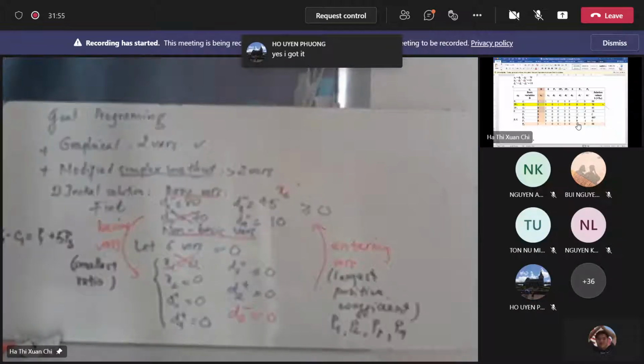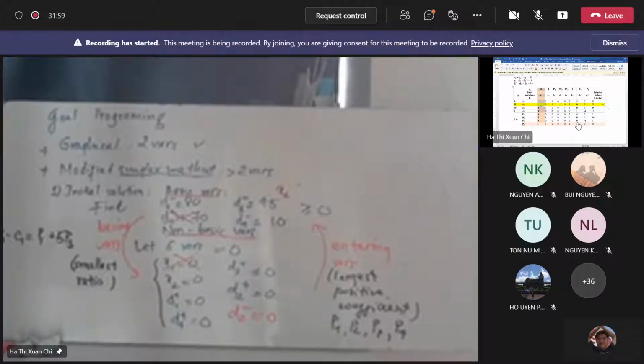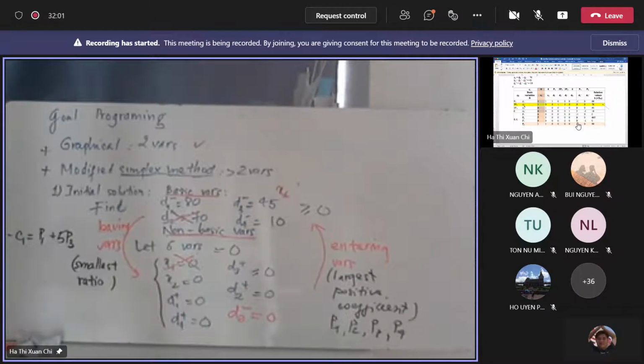Okay? Pivot row is the same idea, because the D2 minus here is leaving. So the row that includes D2 minus here should be the pivot row.